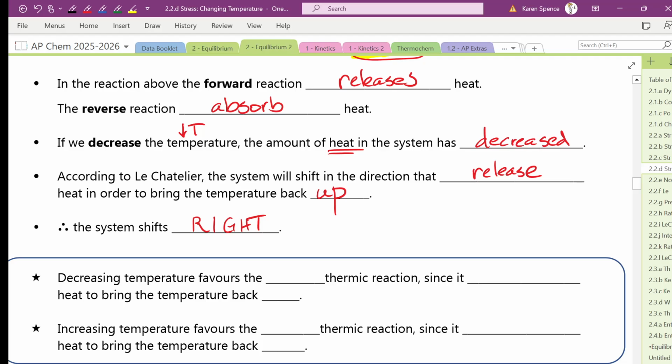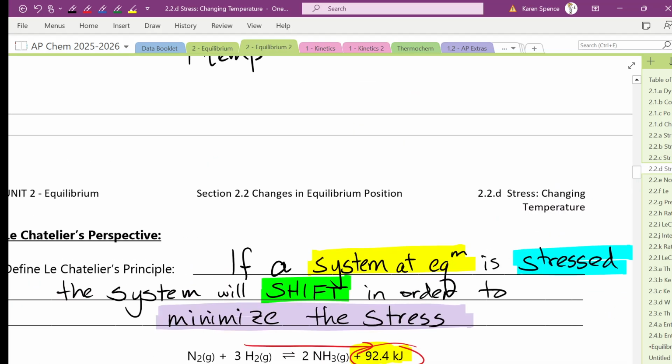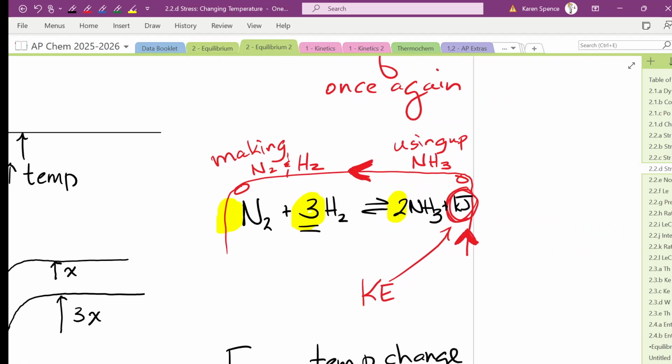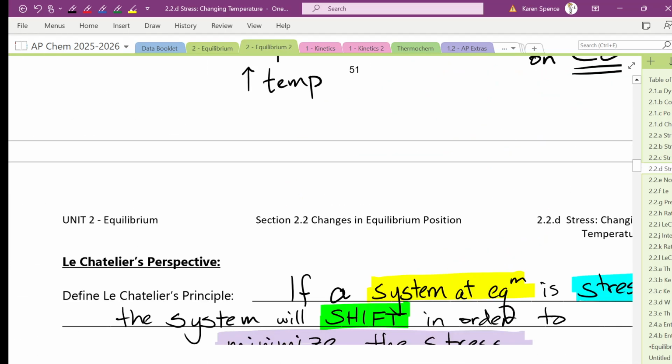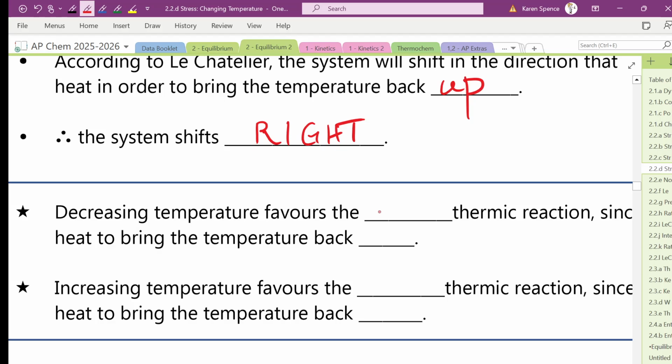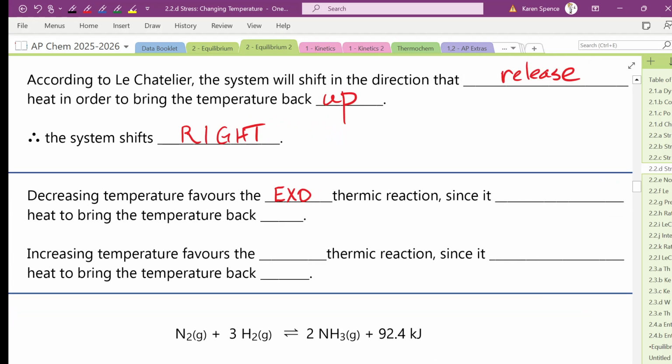So in general, these are just two little things that you can remember for yourself. But remember, you can also use the pulley system for just using kilojoules as kind of like a reactant or a product. But you can also say, okay, decreasing temperature always favors the exothermic reaction, since it releases heat to bring the temperature back up.